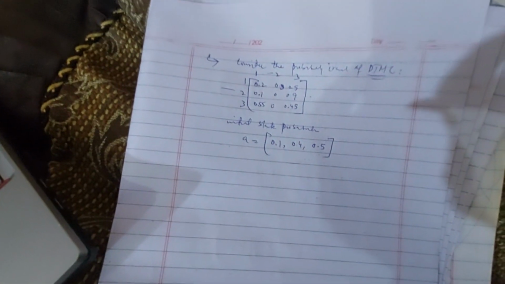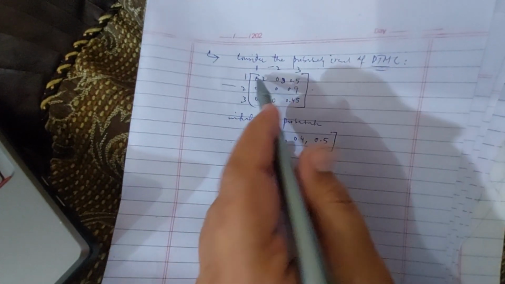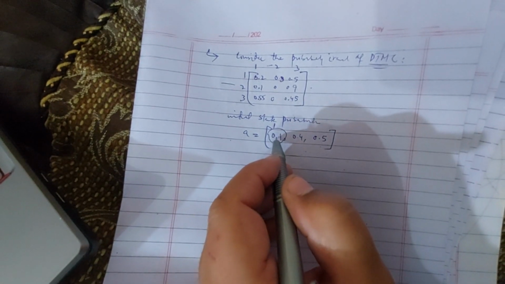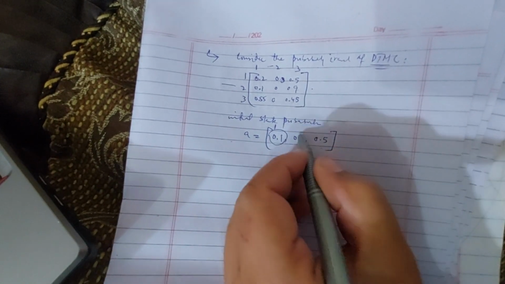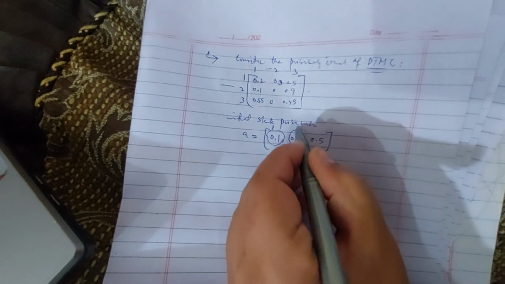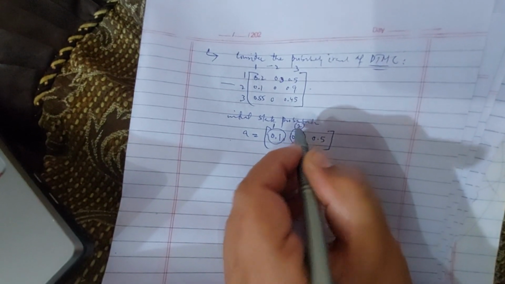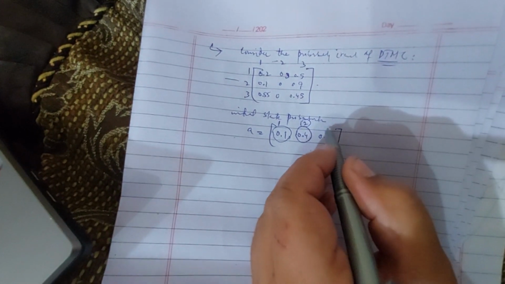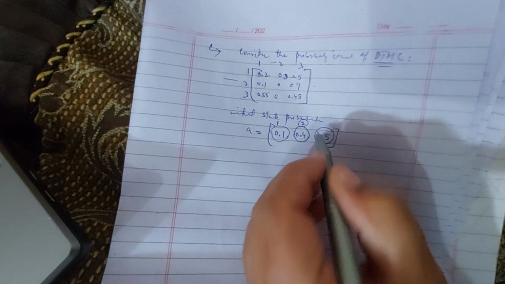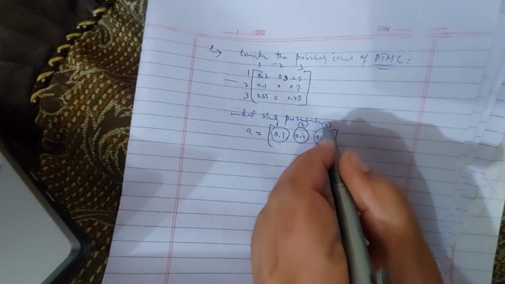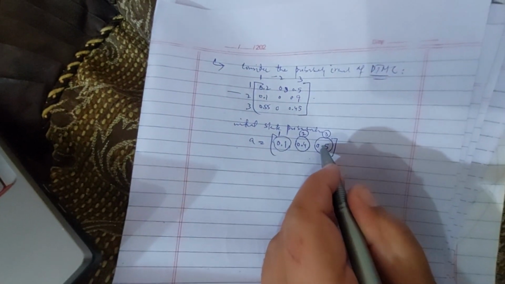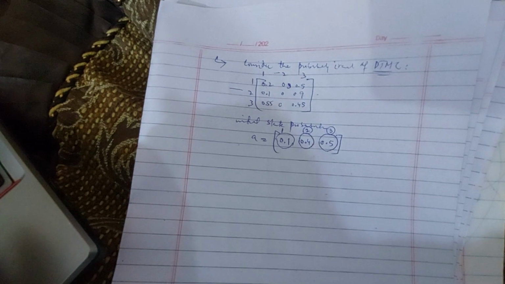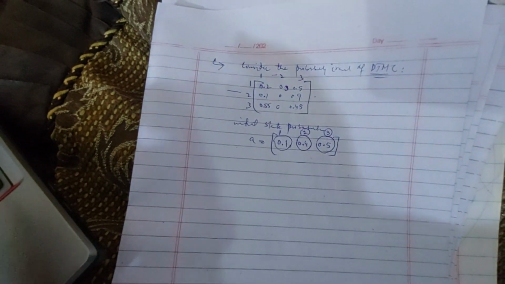It means that the probability that the system is initially at state 1 is 0.1, only 10% chance, the probability that the system is initially at state 2 is 40% or 0.4, and the probability that the system is at state 3 initially is 50%. So these are the initial state probabilities.